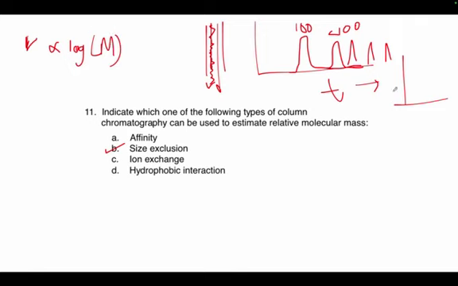So what you can do is plot log molecular mass versus elution volume. Find the equation of this straight line, and then you can use this to predict the approximate mass of any other protein that you are passing through the same column. So this is one of the benefits of analytical size exclusion chromatography. You can estimate the molecular mass of any unknown protein.